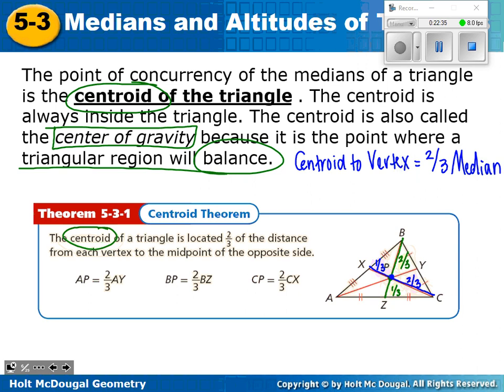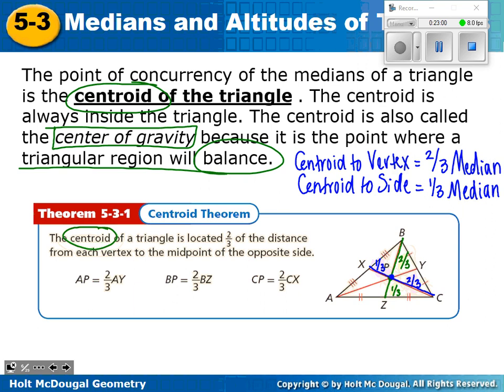Put your pencil at the centroid, go to the vertex, that's the 2/3 part. Or you could say, go from the centroid to the side. That is equal to 1/3 of the median. And I'll give you an example with numbers that'll help make this make more sense.